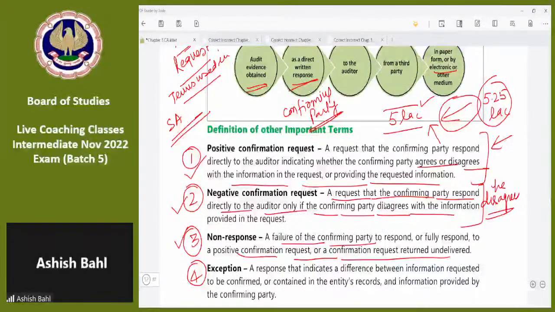So you understand positive confirmation request, negative, non-response. Fourth is exception.